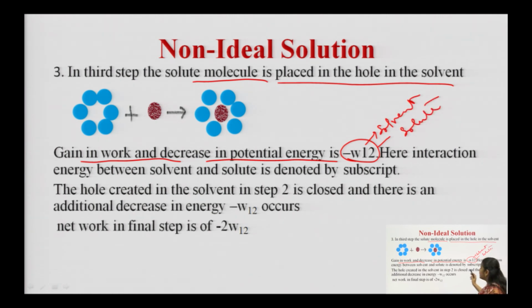So here the interaction energy between the solvent and the solute is denoted in the subscript, and the hole which was created is also closed. So additionally there was a decrease in energy of minus W12. So the net work done in the final step is minus 2 W12.